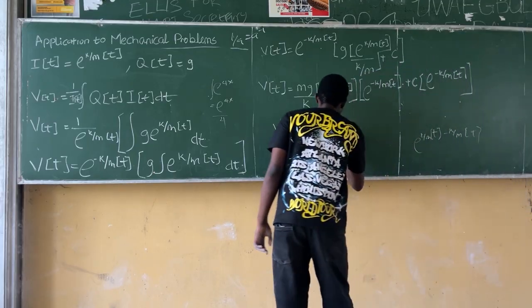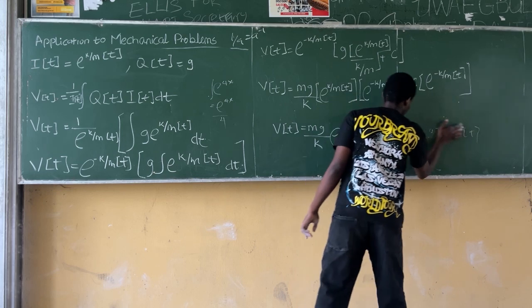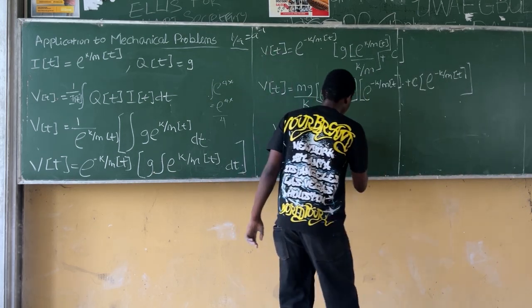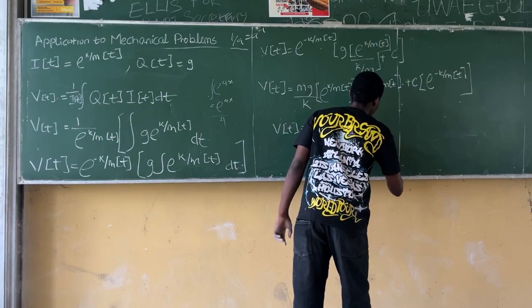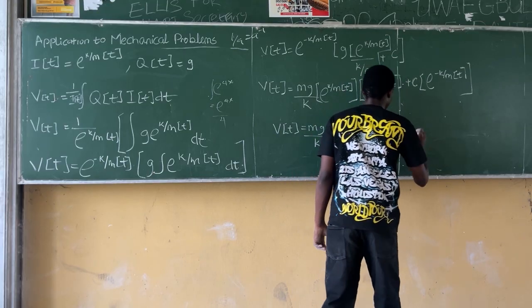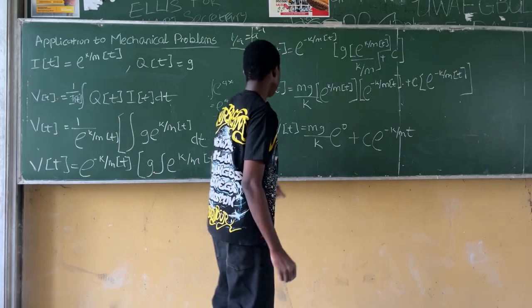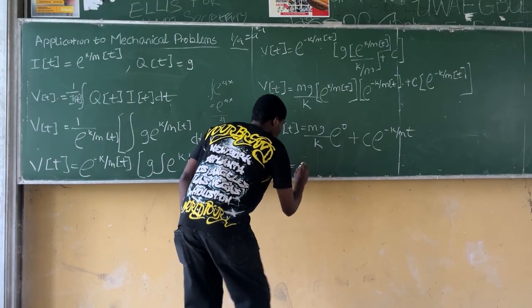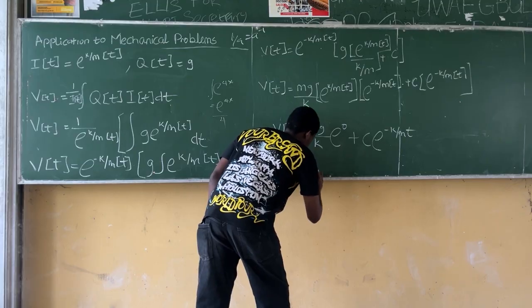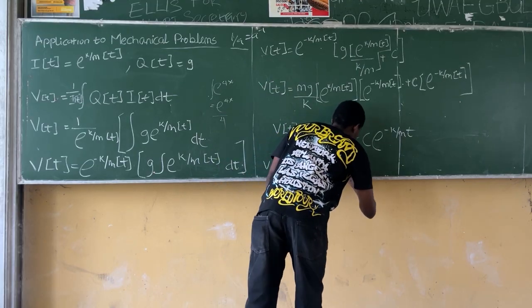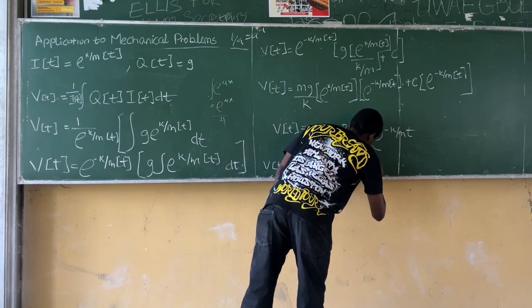So this is e raised to power 0 plus c e to the minus k over m t. So now this v of t is equal to mg over k plus c e to the minus k over m t.